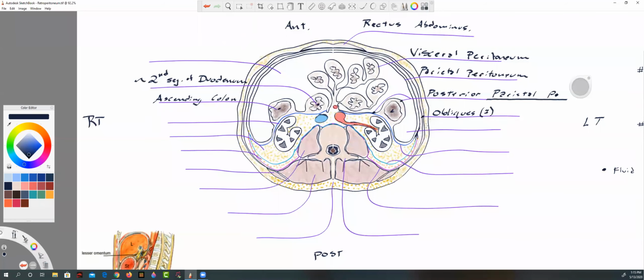The oblique muscles form more or less an aponeurosis back here and then an aponeurosis here. So remember, this is the one we talked about at the corner of our 6-pack. That's the aponeurosis, and then it forms another one back here. But basically, these muscles are attached not to bone, but to sheets of connective tissue. But that's neither here nor there because we're not really talking about that.